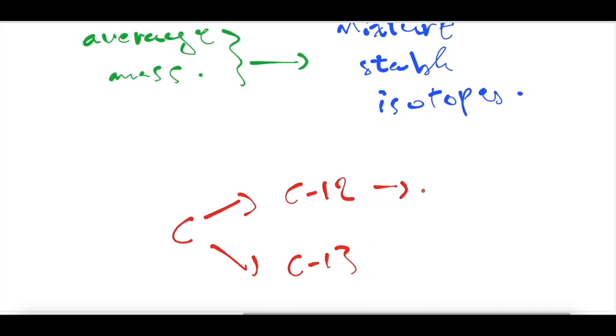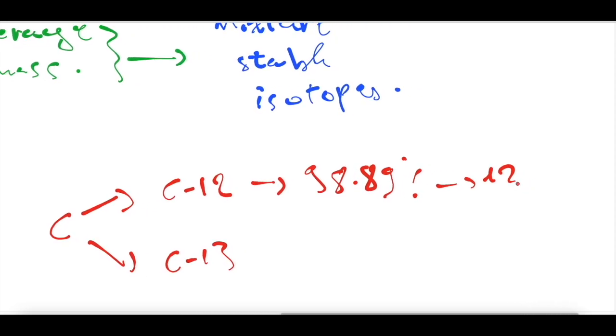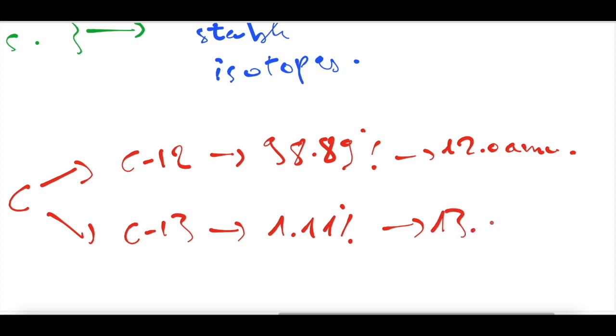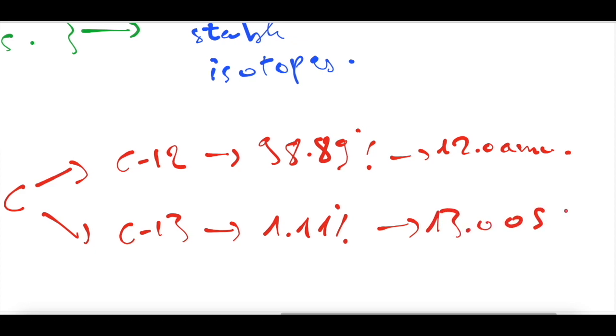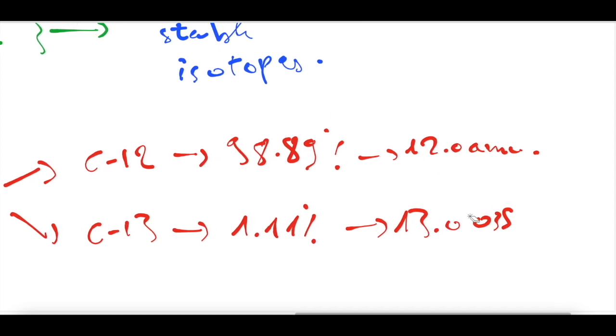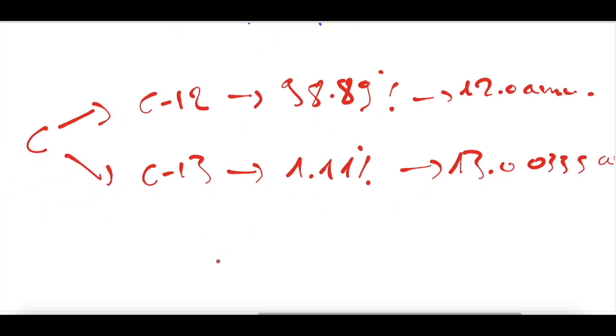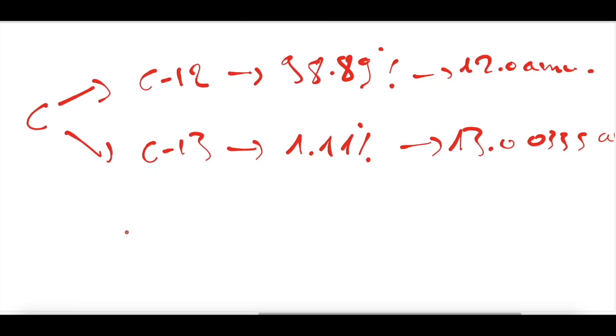The C12, which has a percentage abundance of 98.89%, has a mass of 12.0 AMU, and the isotope C13, which has a percent abundance of 1.11%, has a mass of 13.00335 atomic mass unit.